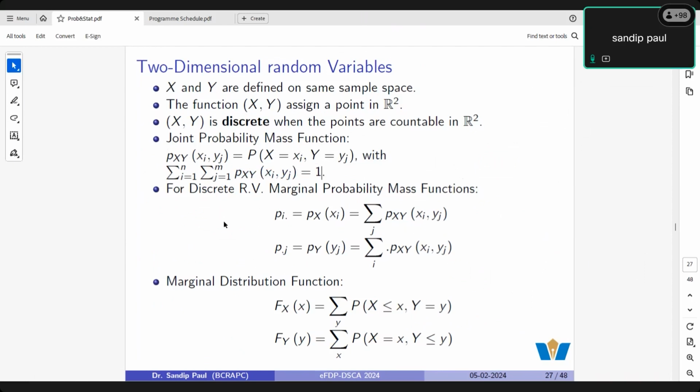And if we want to calculate the individual probability of x and y, if we consider the probability of a single random variable x, it is called the marginal probability mass function.